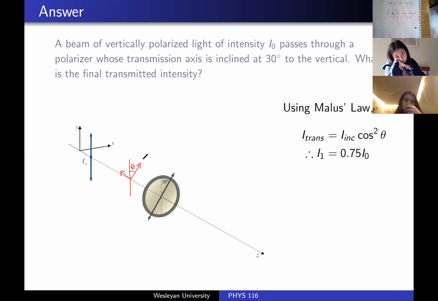Well, if this is an angle theta, and this original electric field was E naught, then the transmitted one will be E naught cosine theta. Right. So what the polarizer does, sorry, I should move this to after the polarizer. Right now at this point, both components are present, and then after the polarizer, only the component parallel to the 30-degree line is present. So we have that E naught cosine theta 1 is present.